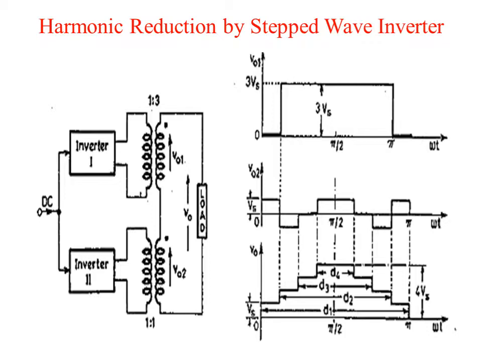Inverter 1 is so gated that its output voltage is V01 as shown in figure B, part A. During the first half cycle, the output voltage level is either 0 or positive. During the second half cycle, the output voltage would either be 0 or negative.